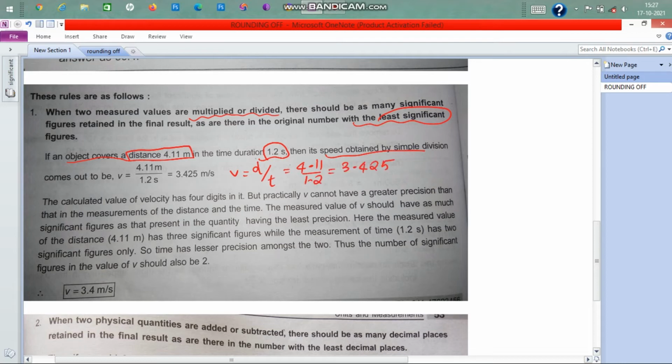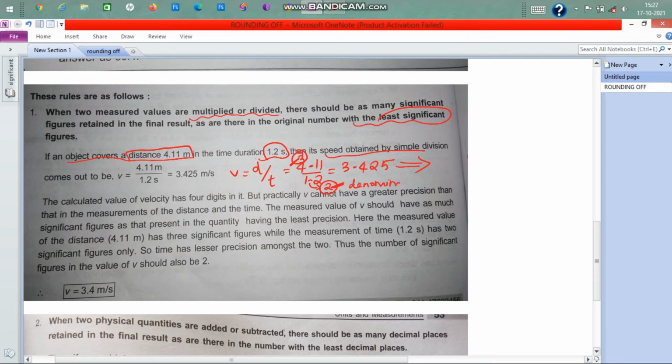In the numerator there are 3 significant figures, in the denominator there are 2 significant figures. You want to reduce the answer to the least number of significant figures. The least number of significant figures is in the denominator.